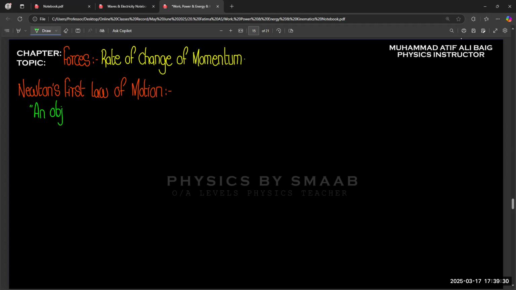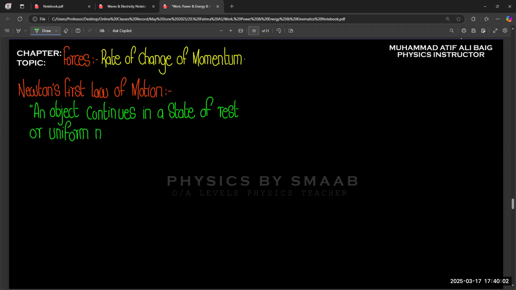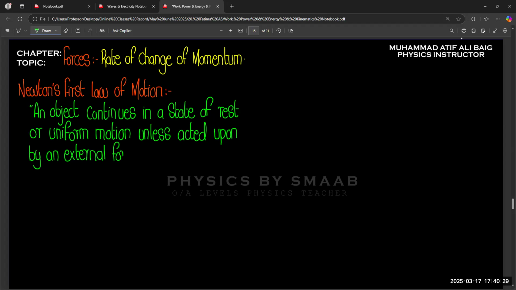An object continues in a state of rest or uniform motion unless acted upon by an external force. So this statement of Newton's first law is easy and we already know about it.